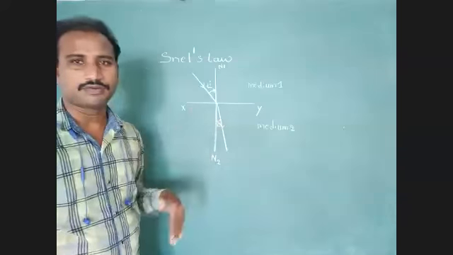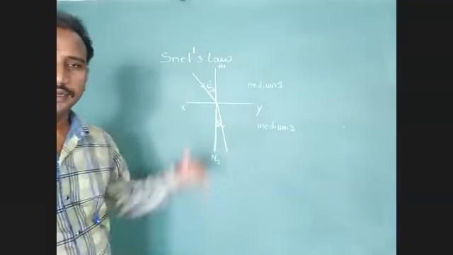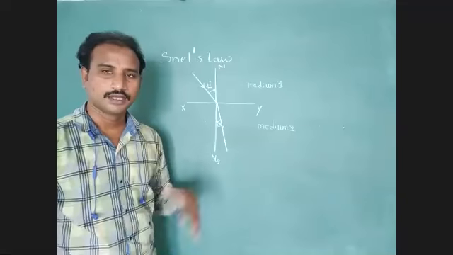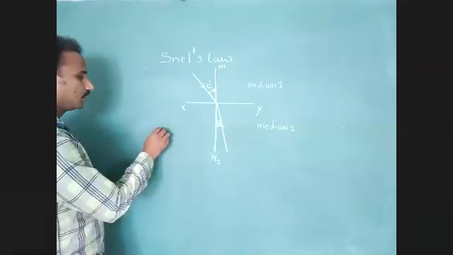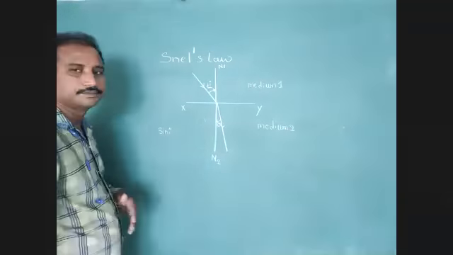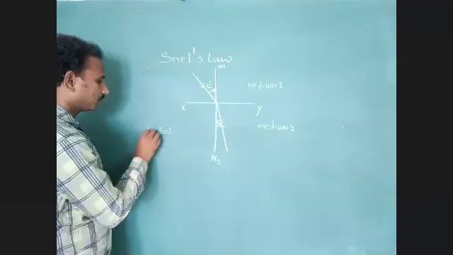Now apply the first law of refraction: angle I is greater than angle R. Understood? But what about Snell's law? Snell's law means the ratio of the sine of the angle of incidence to the sine of the angle of refraction. The optical medium we represent as mu1.